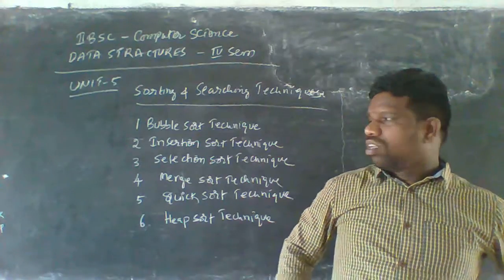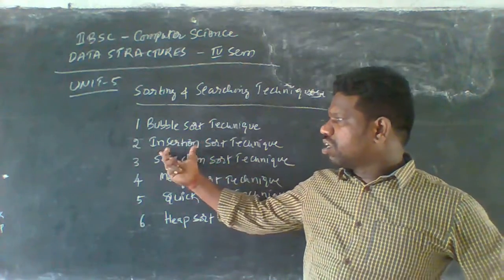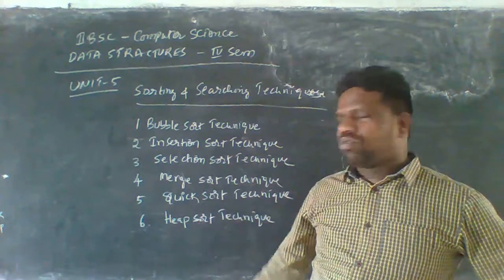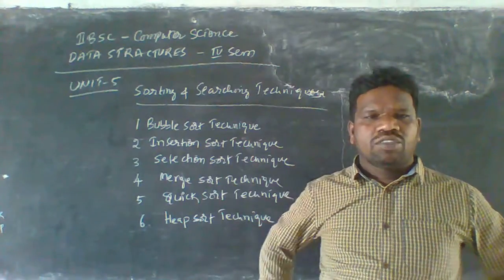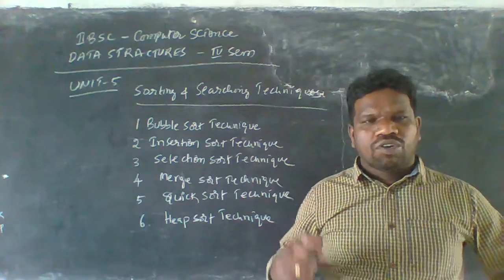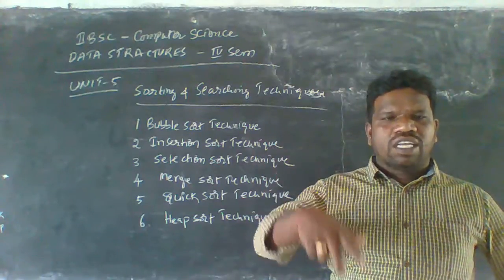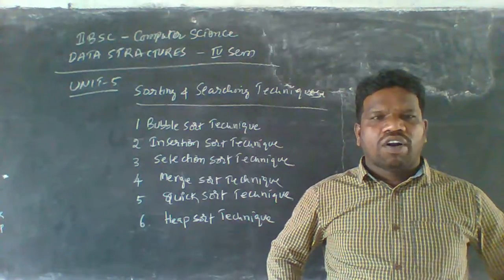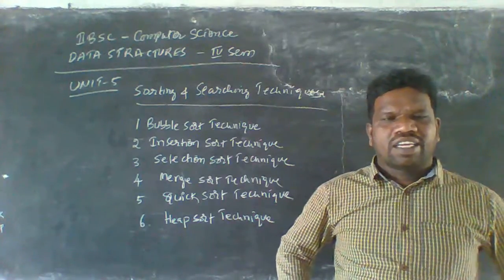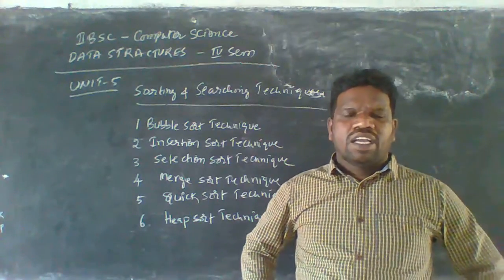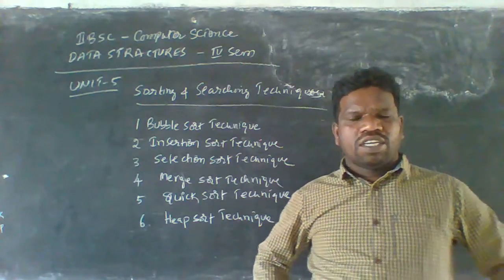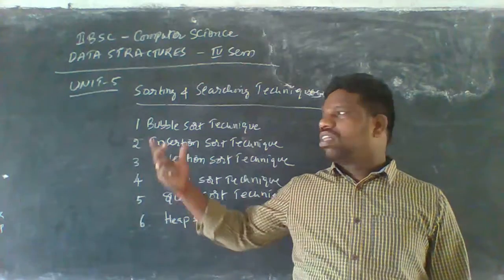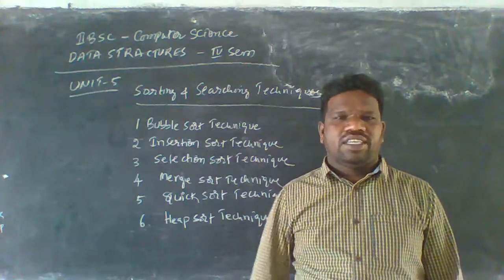Either bubble sort, insertion, selection, merge, quick, or heap sort, all these sorting techniques are used to transform an unordered list into an ordered list. That means elements can be transformed from descending order into ascending order. That's why we are using these sorting techniques here.